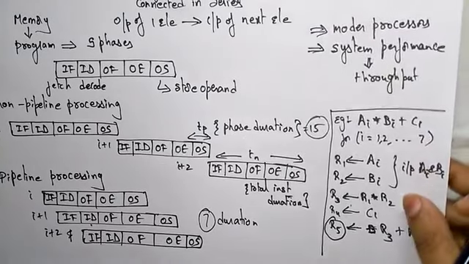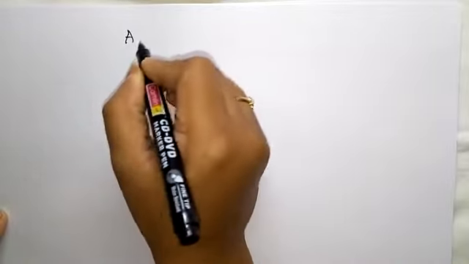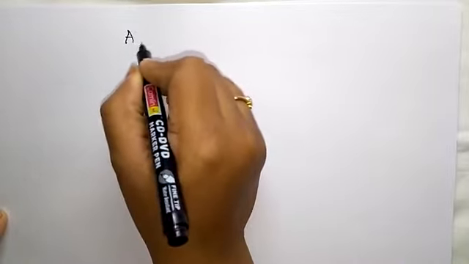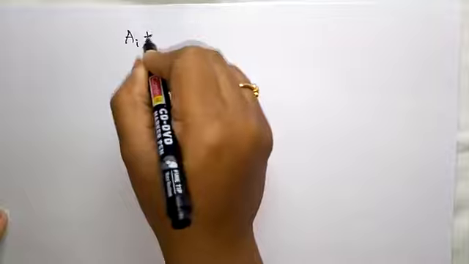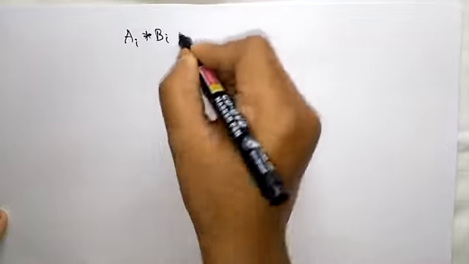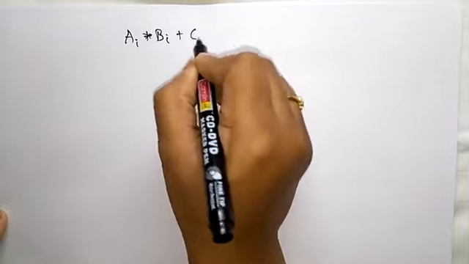So let us take this example, A * Bi plus Ci. This is the equation, that is Ai * Bi + Ci.